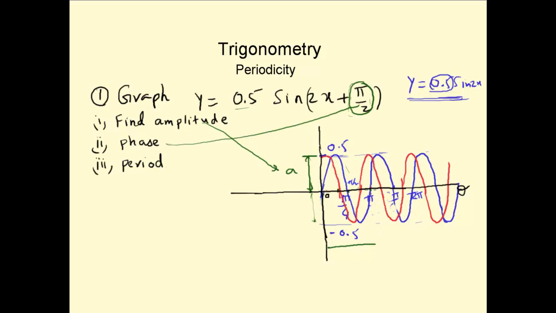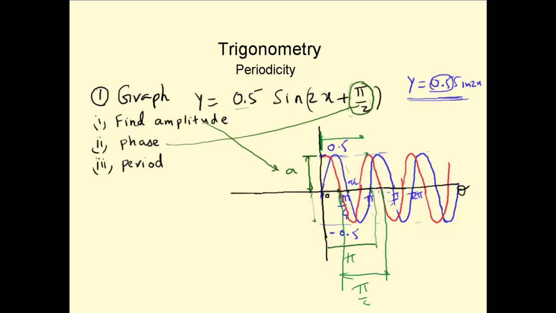So now the period for sine 2x is from here to here, which is 0 to pi. It's pi radians. Similarly, the period for the red plot, which is sine 2x plus pi by 2, is from here to here, max to max, and that is again pi.